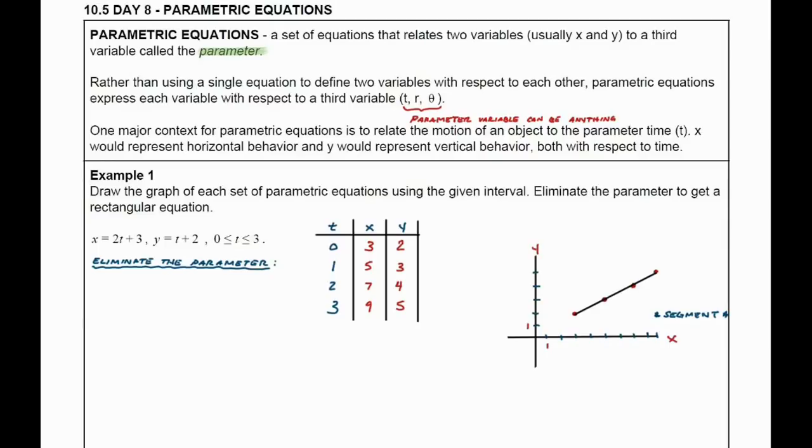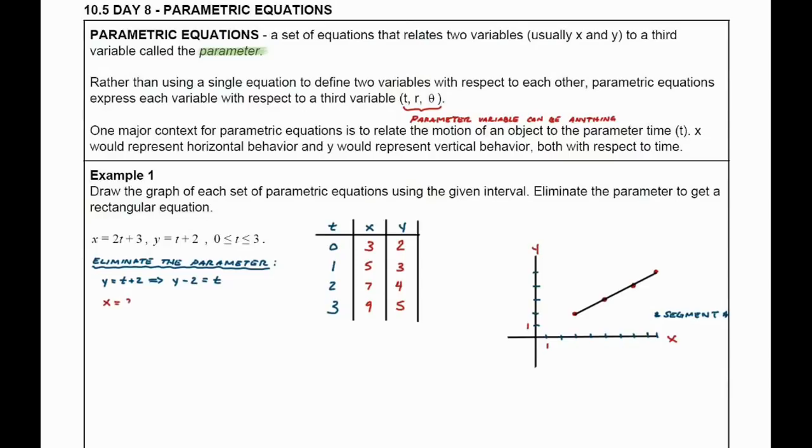Typically, I'm going to look at the two parametric equations and see which one would be easiest to isolate t. And y equals t plus 2 is definitely easier to get t by itself. So now I have t in terms of y, and to eliminate the parameter means my final answer shouldn't be an equation that has a t in it, which is our parameter here.